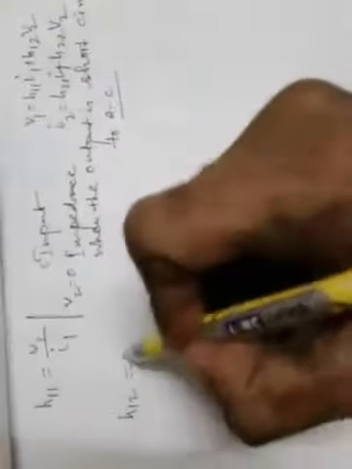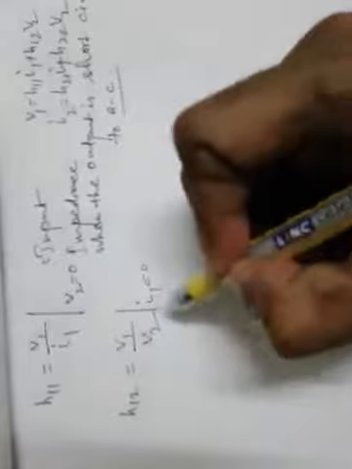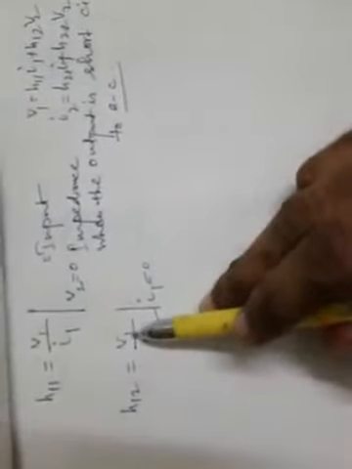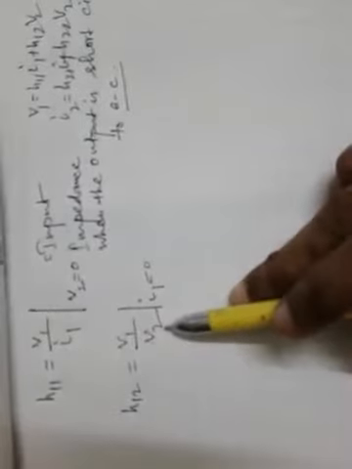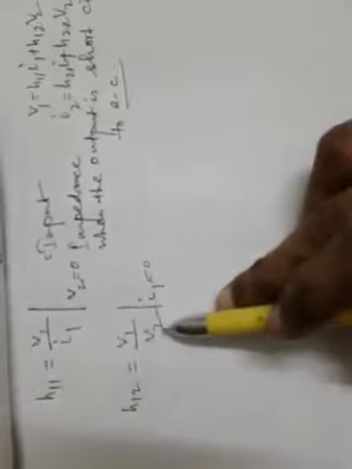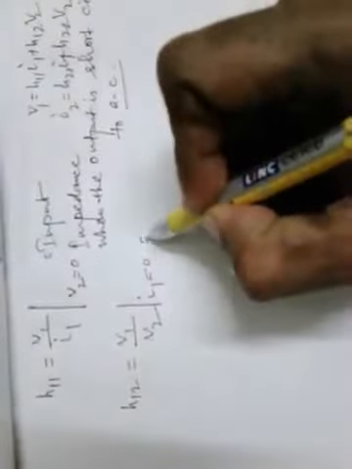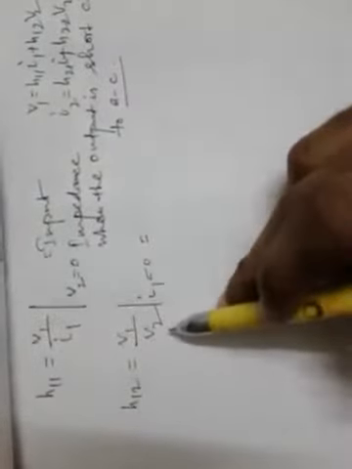Okay, now let us find H12. How to find it? When I1 is 0, H12 should be V1 by V2. Now what is V1? Port 1 voltage, the input port voltage, and V2 is the port 2 voltage. So it is input port voltage divided by output port voltage.